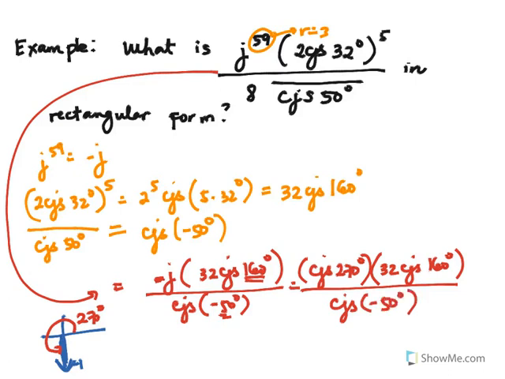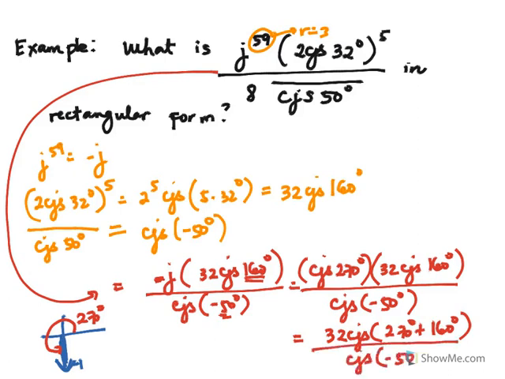Now, simplifying further, yung numerator, since product yan, pwede mong i-multiply. You will have 32 cis 270 plus 160 and then divided by cis negative 50. Continuing further, yung 270 plus 160 is 430. Okay?